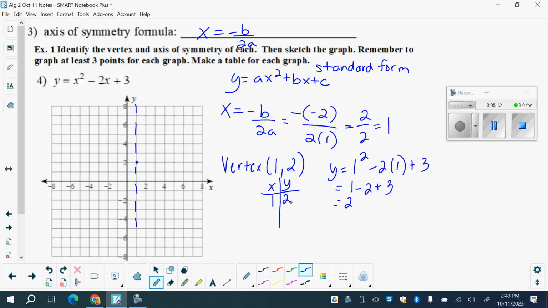So what's a number that's close to 1? 0 or 2. Either one would work. So I'm going to do 2. So now once again, to find the y value, what do we do with that 2? Substitute it into our equation. So we have y equals 2 squared minus 2 times 2 plus 3.